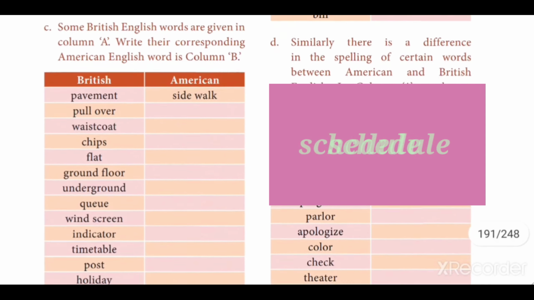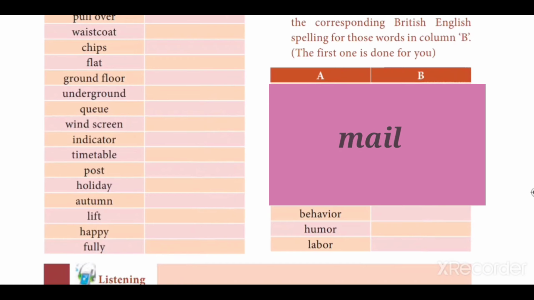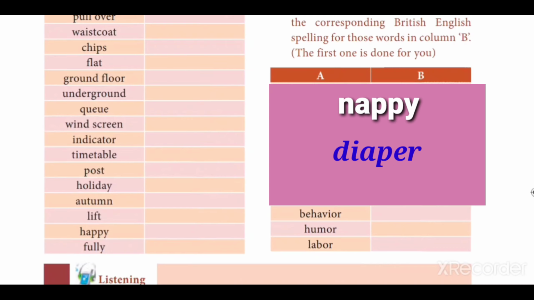And for timetable, it is schedule, and for post it is mail, and for holiday it is vacation, and for autumn it is fall, and for lift it is elevator, and for nappy it is diaper. It is not happy, it is nappy, and so the American English for that is diaper.